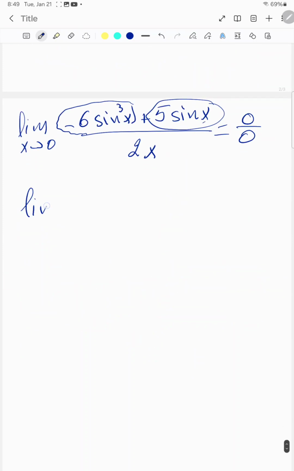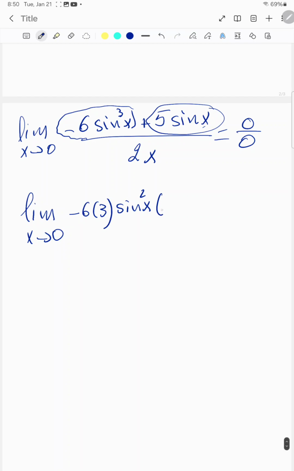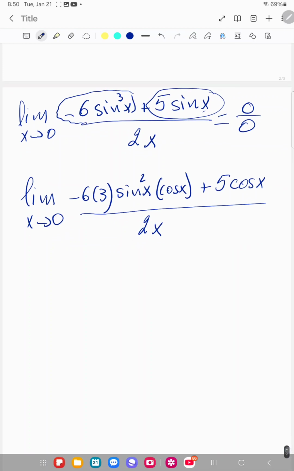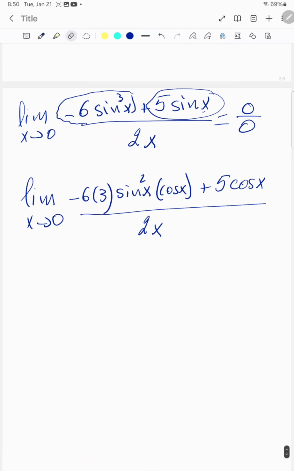So it becomes the limit when x goes to 0. The derivative of sine of x is cosine of x. But I have the power of 3. So I will start with minus 6 times 3 sine square of x. And I have to do the derivative of sine of x, which is times cosine of x, plus 5. And the derivative of sine of x is cosine of x, divided by 2, since the derivative of 2x is 2.